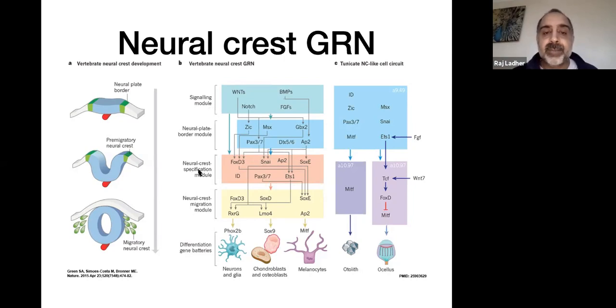You establish broad modules that specify the neural crest, and then individual pathways after that set up individual differentiation pathways. For example, this specification module sets up a ground state which is acted upon by different combinations of genes, which will set up neurons and glia, chondrocytes and osteoblasts, and melanocytes.